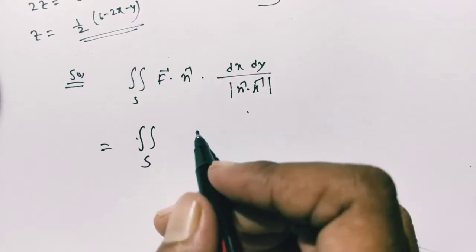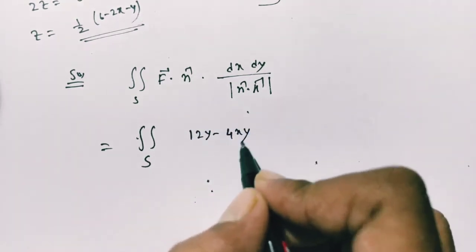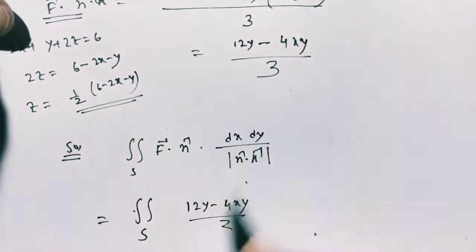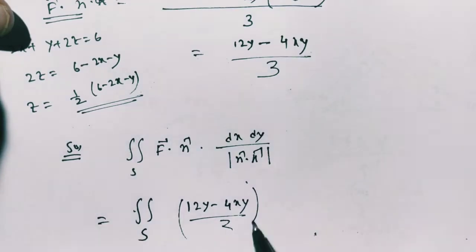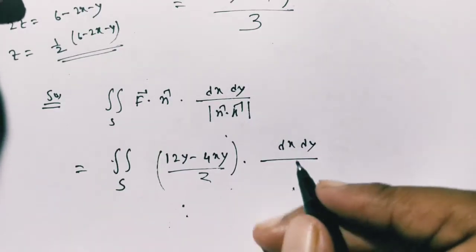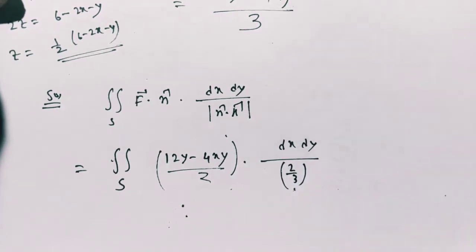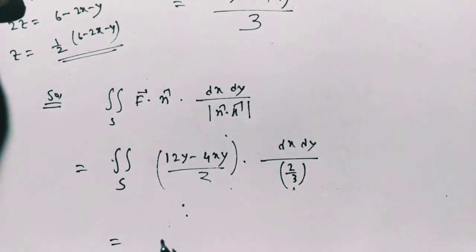F dot n is 12y minus 4xy divided by 3, which I have found, into dx dy divided by 2 by 3. N dot k was 2 by 3.